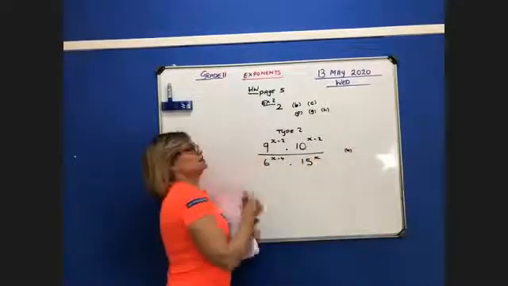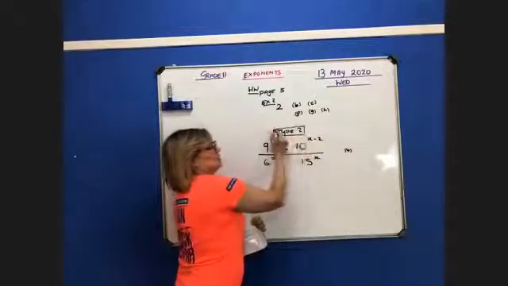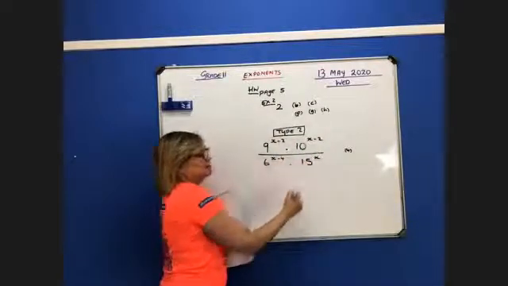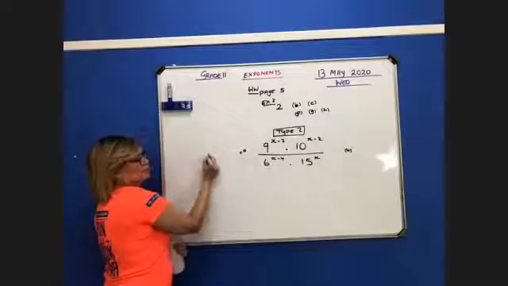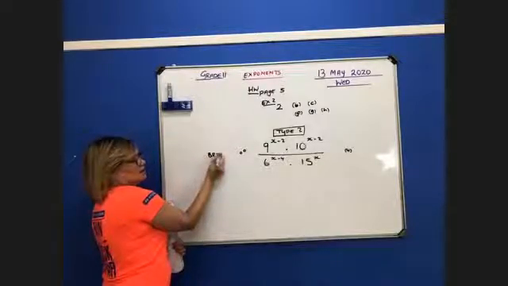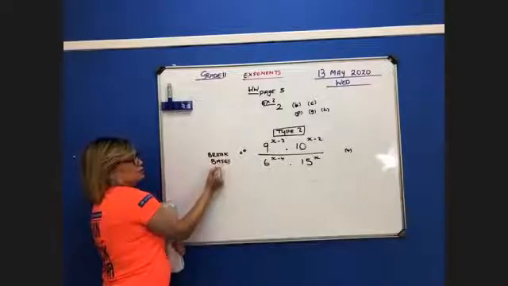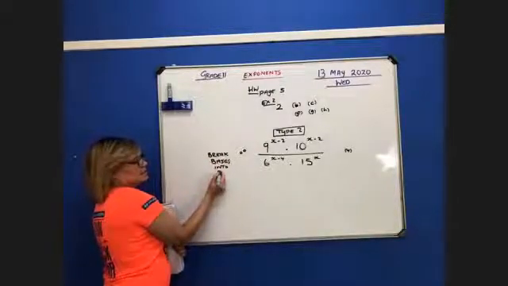You see, it's type 2. The bases are joined by times and divide. So what's our rule? Break the bases into prime factors.